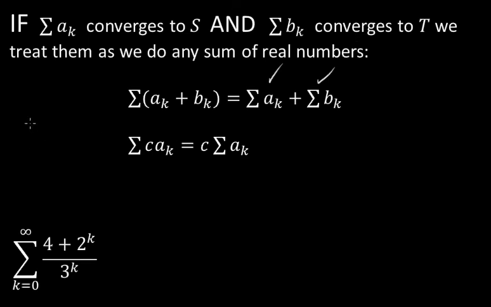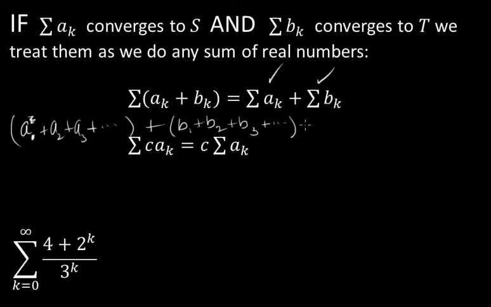So let me write that out and show you what it means. This means that if you have a1 plus a2 plus a3 plus forever, you have that series, and you're adding to it the series b1 plus b2 plus b3 forever, that you can add them pairwise. a1 plus b1 plus a2 plus b2 plus, and so on.